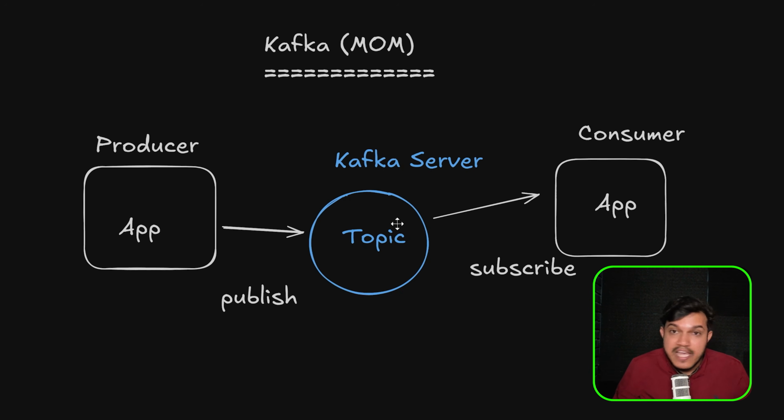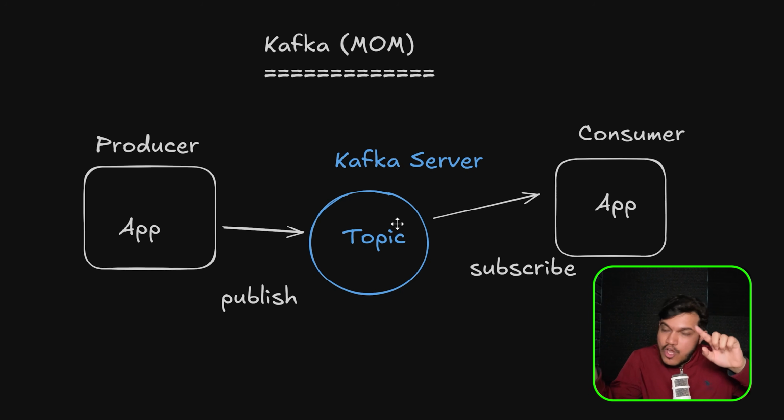Now here in this case, there are two applications which can talk to each other, or you can say which can interchange the data without knowing about each other. In REST API calls, if you know development, if an application wants to call another API, they should know the IP address, the host name, the port number, the endpoints. Only then they can make a call. It's a direct call.